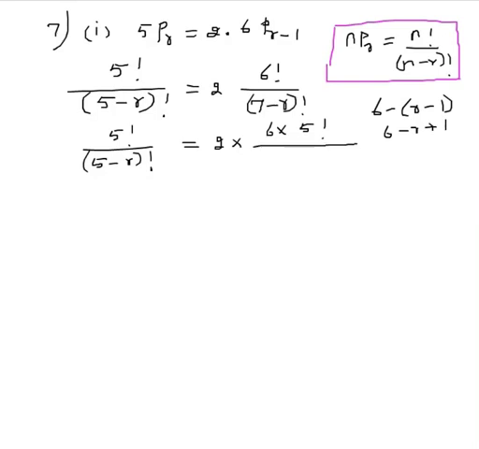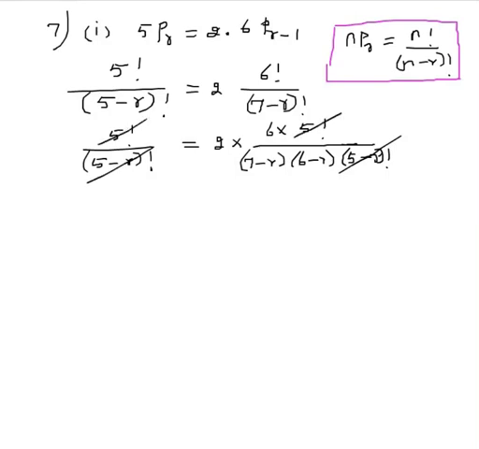Similarly, the denominator 7 minus r factorial can be written as 7 minus r times 6 minus r multiplied with 5 minus r factorial. We can cancel 5 minus r factorial and 5 factorial, and cross multiply.